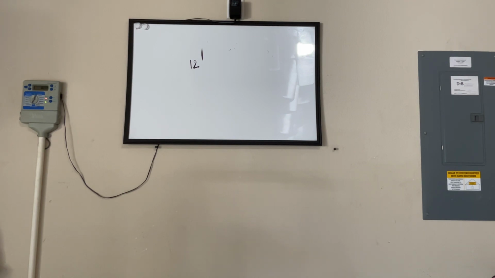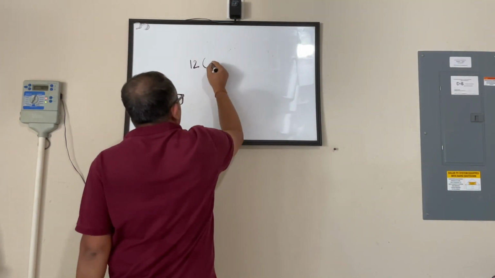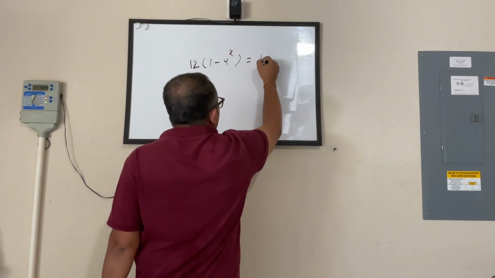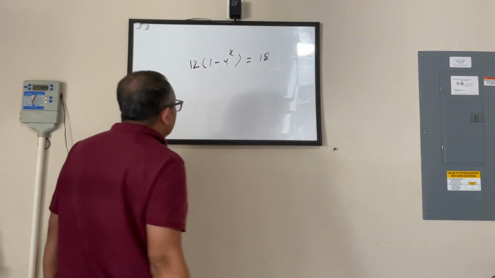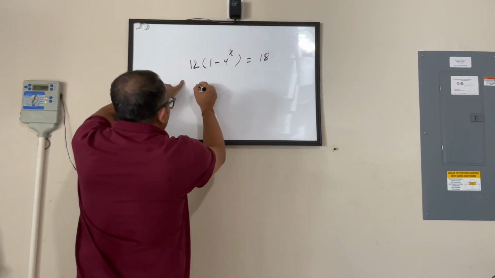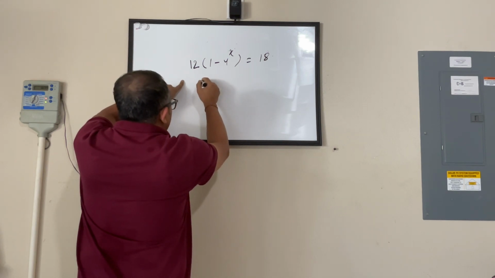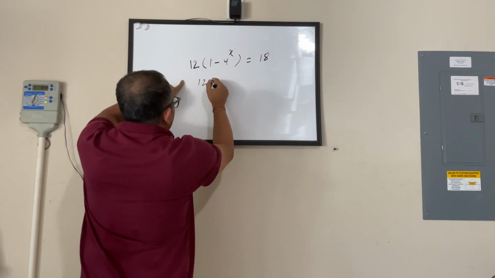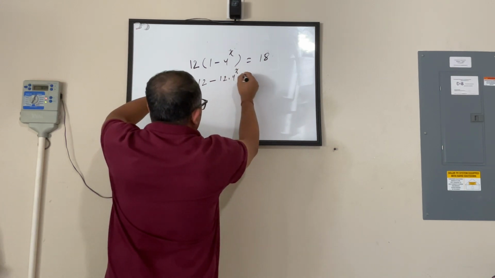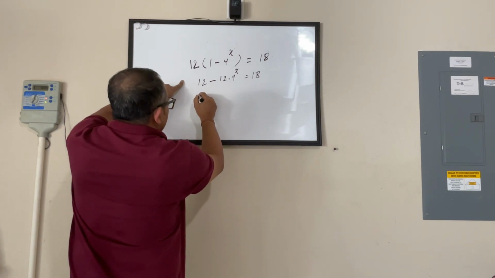Okay, I think you see the question. Now, what we can do is simplify this first. So this is 12 minus 12 into 4 to the power x equals 18.